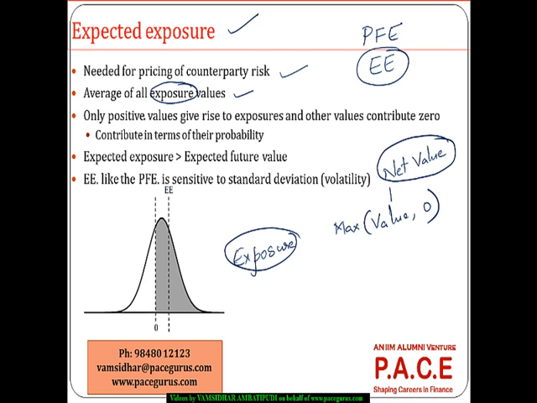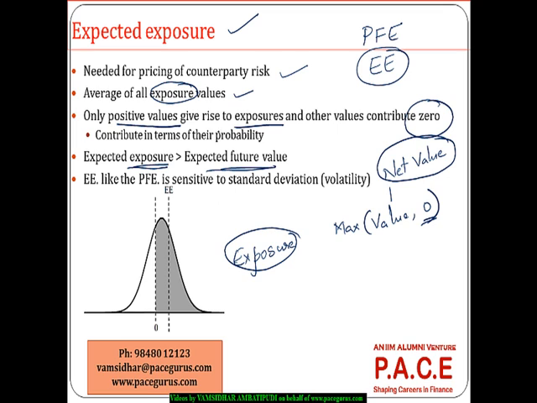And just a point which we have already discussed, only positive values will be included as a part of the exposure, and if any negative value comes, we treat its contribution to the exposure as 0. So we'll always see that the expected exposure is greater than the expected future value.